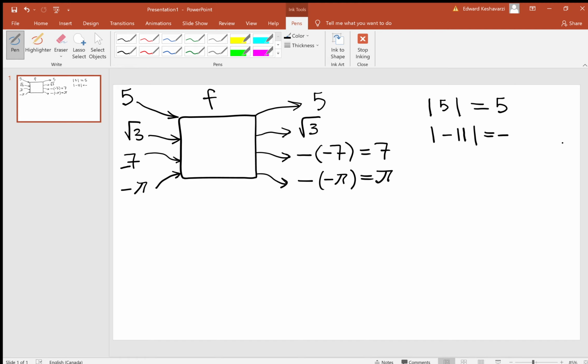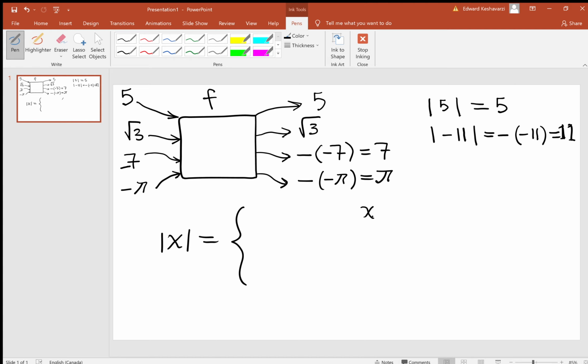It becomes negative of negative 11, which is 11. So actually absolute value is a machine that changes all numbers to positive numbers, right? So therefore, it is not hard to understand the definition of absolute value.